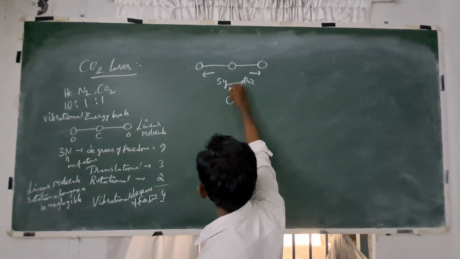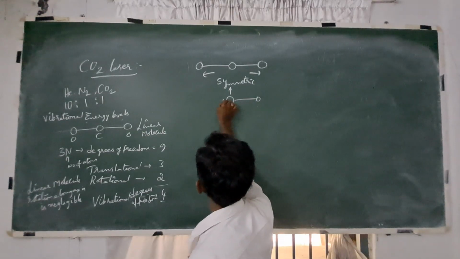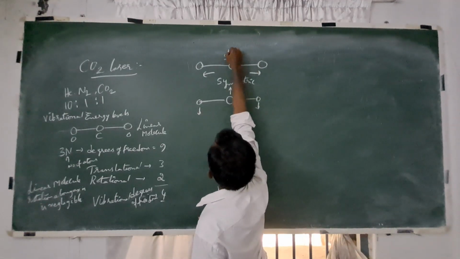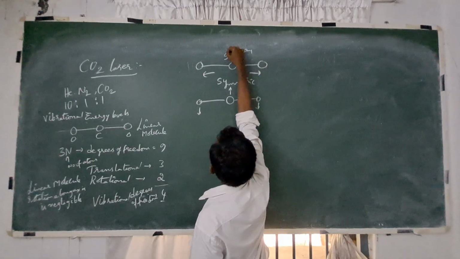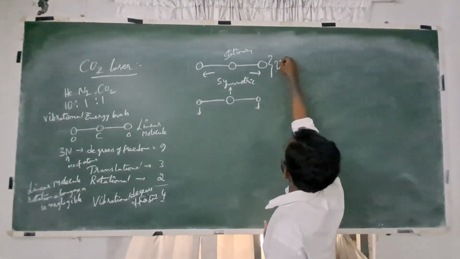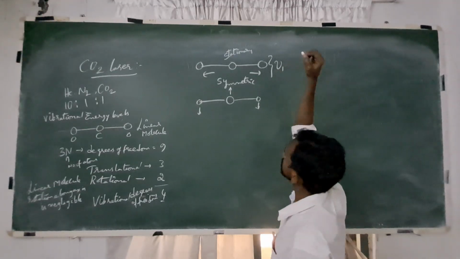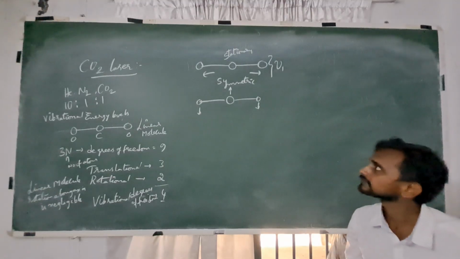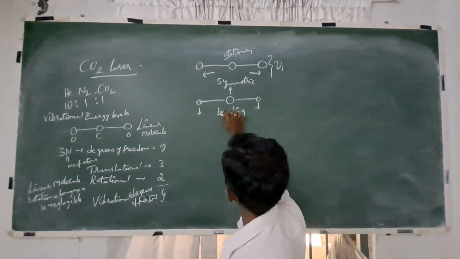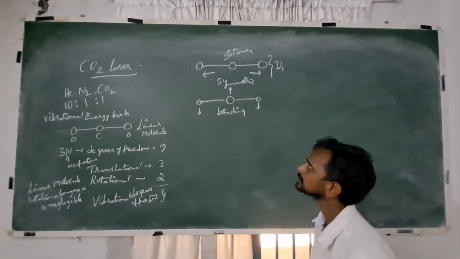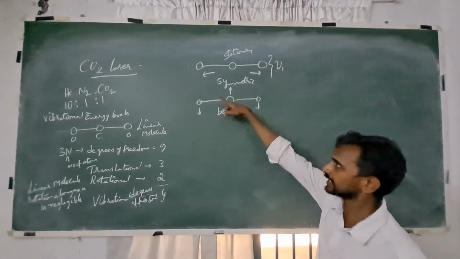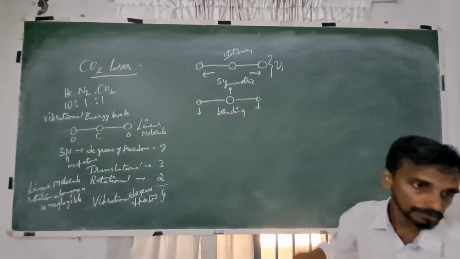If the central atom moves in one direction and the other 2 atoms move in the opposite direction, you have bending.